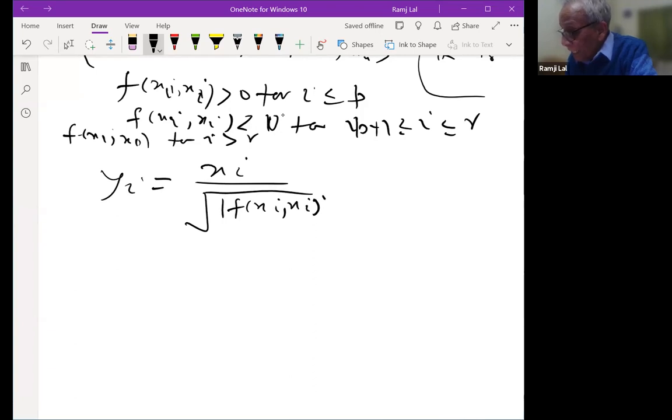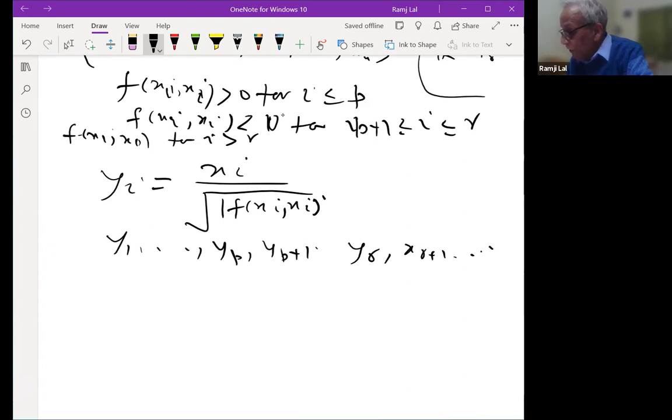And then you see that y1, y2, ..., yr, and for i greater than r, I take yi to be xi itself. So you take this to be the basis, and this has the property that the matrix of this, f(yi), will be plus or minus 1, and this is a symmetric form.